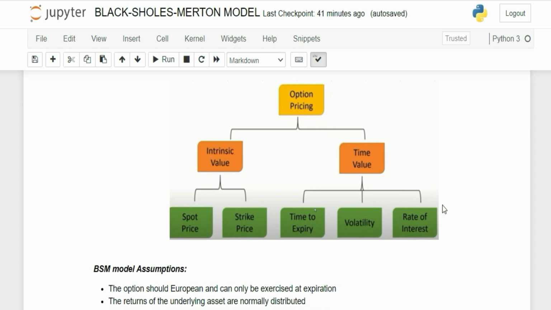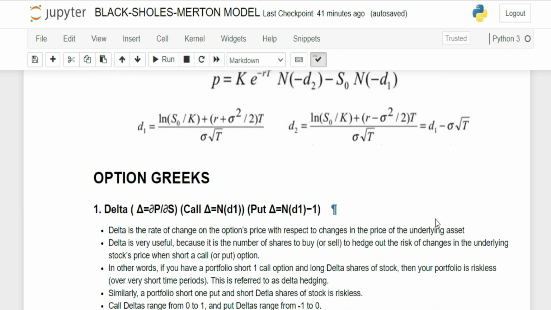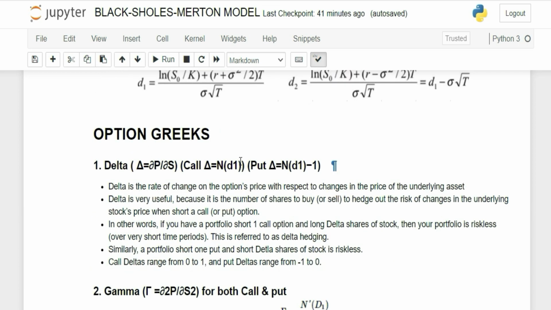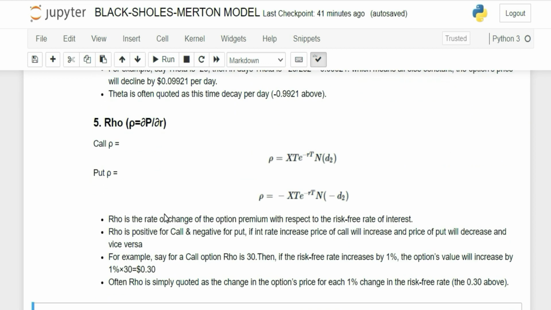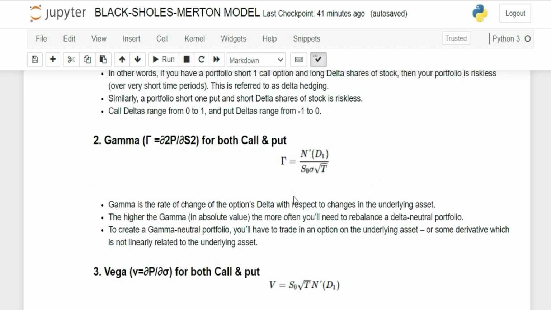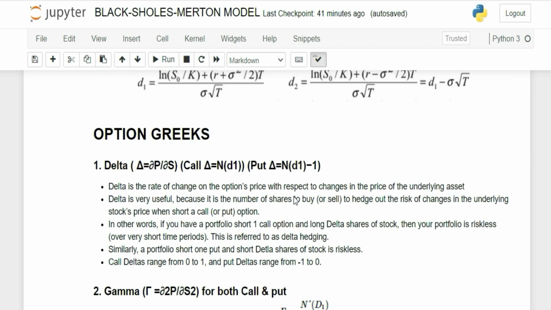Alright, so we are going to learn all these option Greeks, as I told you: delta, gamma, vega, theta, and rho. We are going to see how we can do all these mathematical derivatives and equations through Python. I have written down some points here for each Greek.